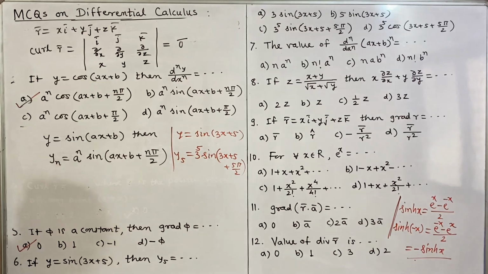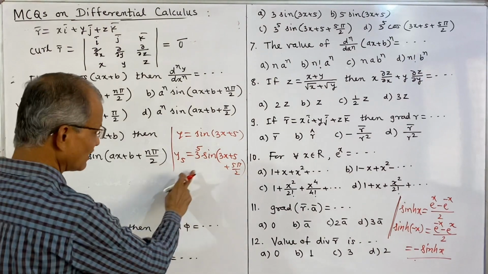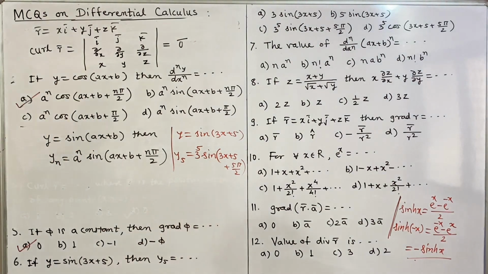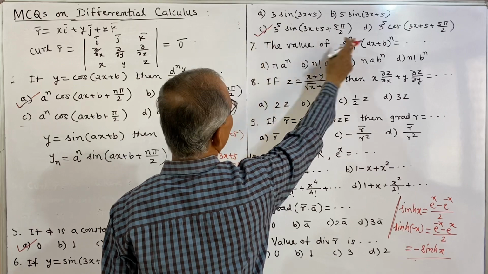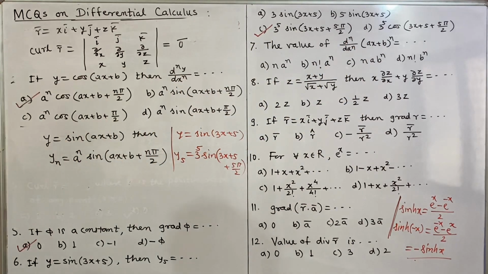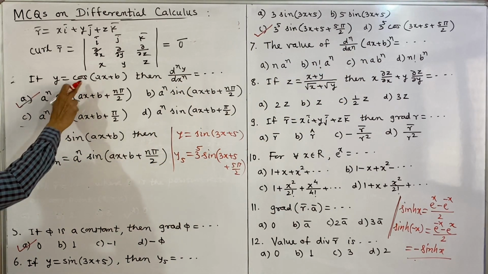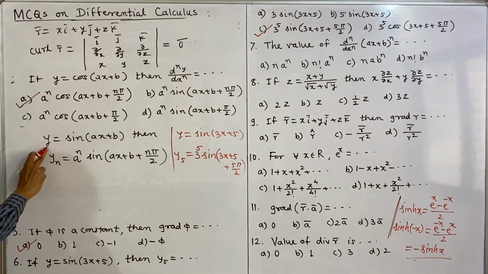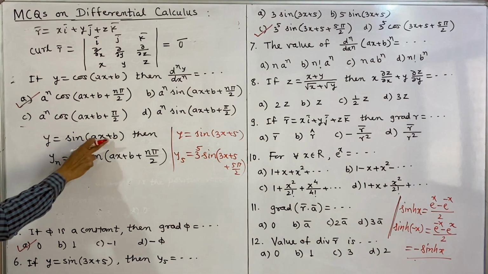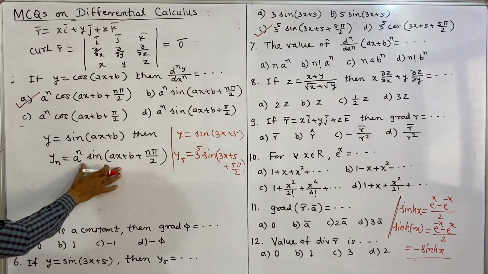This is the correct answer, and therefore the correct alternative is C. So these two formulae we have to remember. For y equal to cos(ax plus b), yn is this one, and similarly for y equal to sin(ax plus b), yn is this expression.